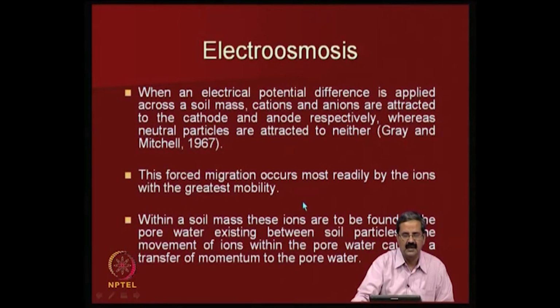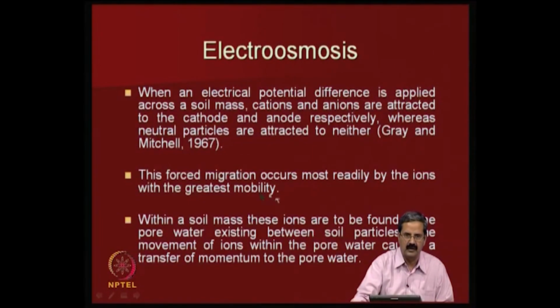Say, for example, you have different types of ions like sodium, potassium and calcium ions in clays. What happens is that the ions with the greatest mobility, like sodium, have a good mobility, and then there is migration of water.